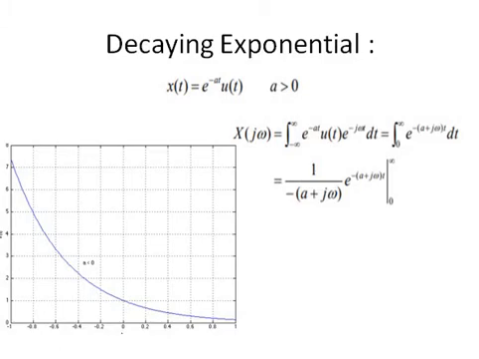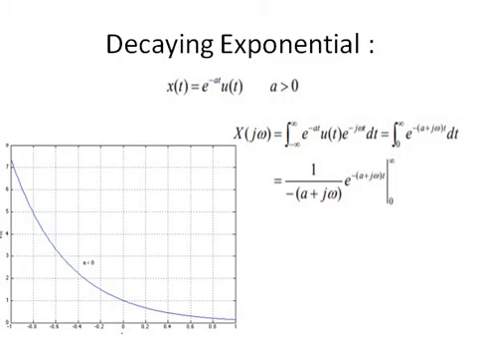We know u of t is the standard step, which is applied only to the positive axis, not to the negative axis. So we will get the limits 0 to infinity, and by applying the integration we will get this equation.